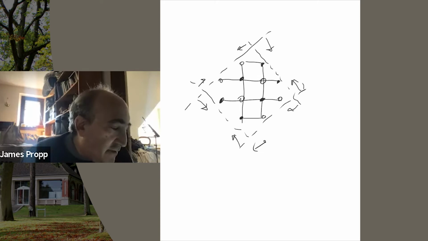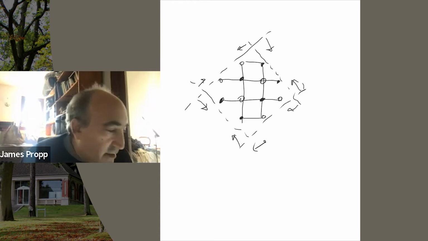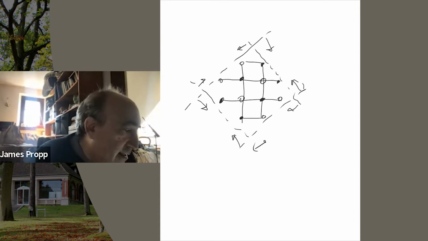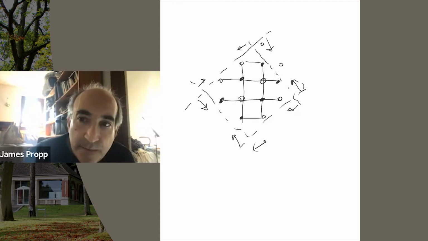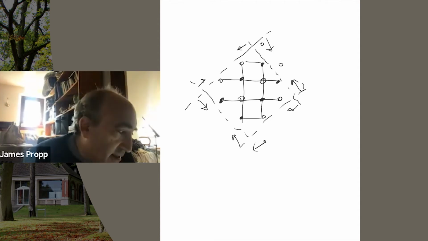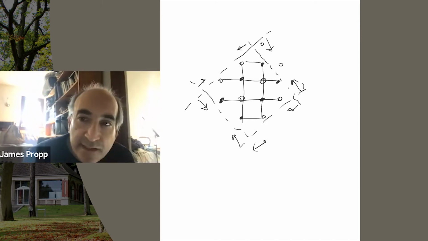And a feature of these boundaries is that they segregate the colors, so that if you were to look at extending this picture, we'd see a lot of black vertices on one side of this dividing line and a lot of white vertices on the other side. So we're sort of trying to thwart the existence of a perfect matching by basically making a big color imbalance at the boundary.